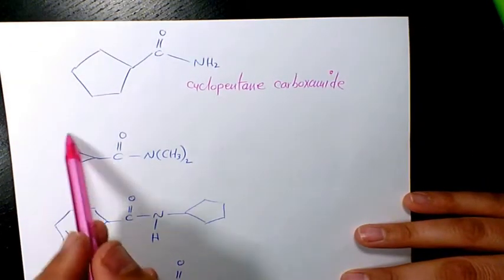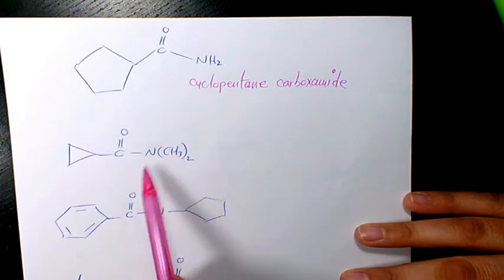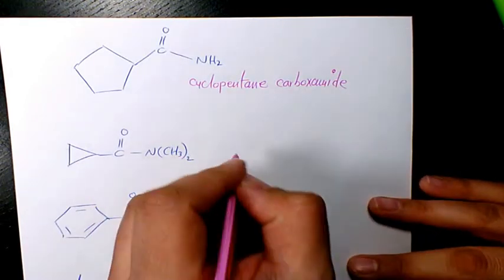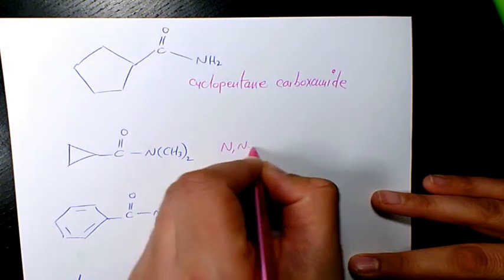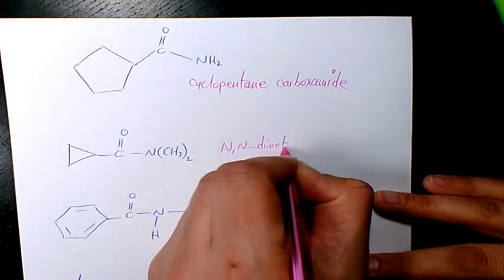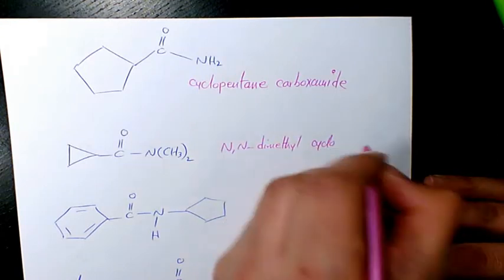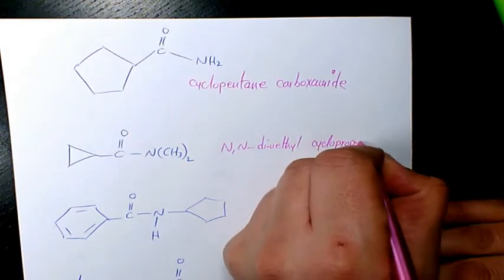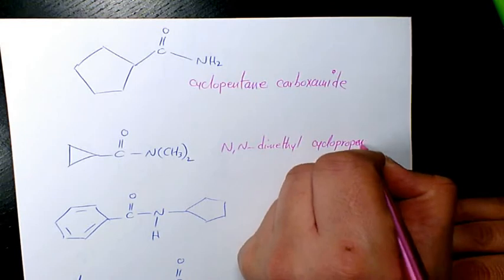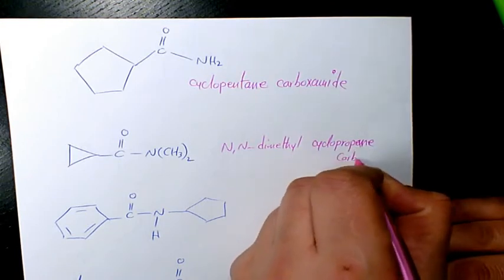Here we have cyclopropane. We have 2-methyl substitute for hydrogen. It's going to be N and N dimethyl cyclopropane carboxamide.